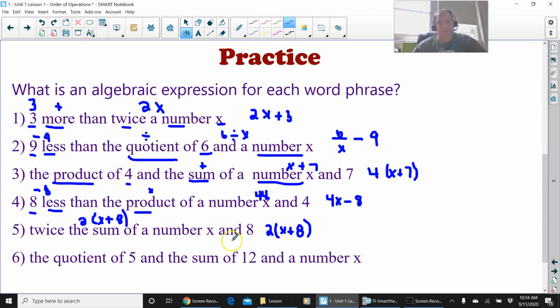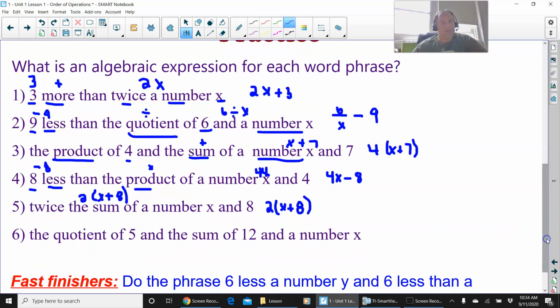So for the last and confusing one, the quotient of 5 and the sum of 12 and a number. The sum of 12 and a number is 12 plus x, right? Or x plus 12. It does not matter. Addition, just like multiplication, is commutative.